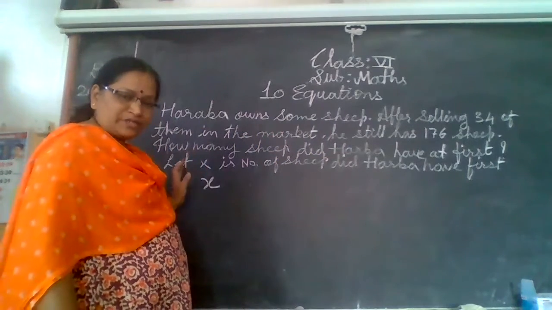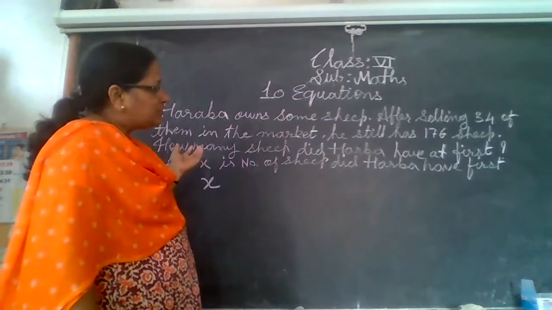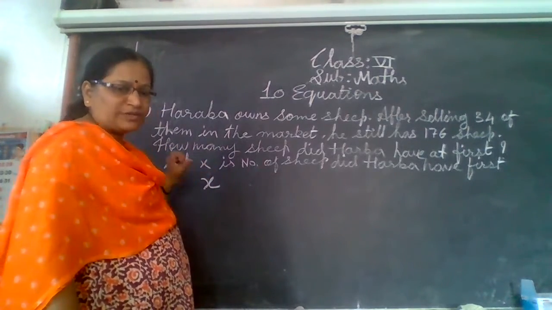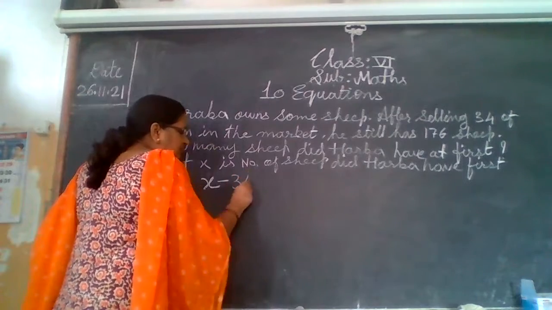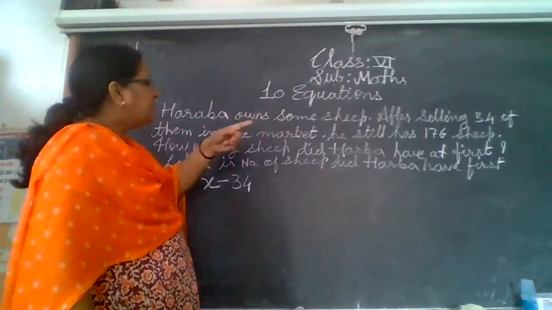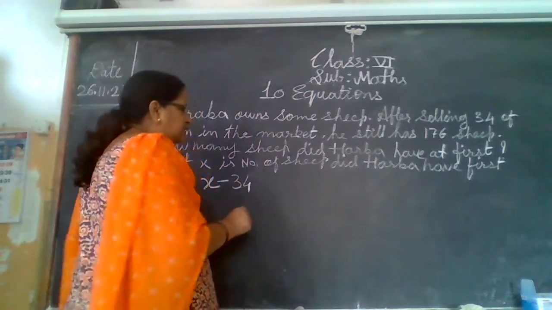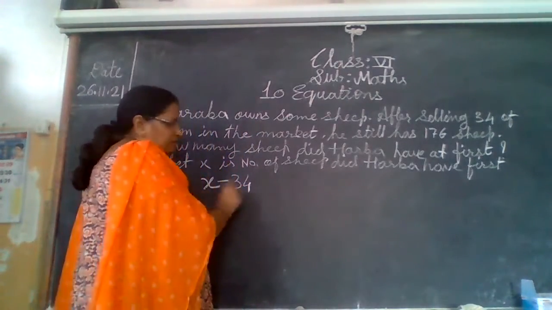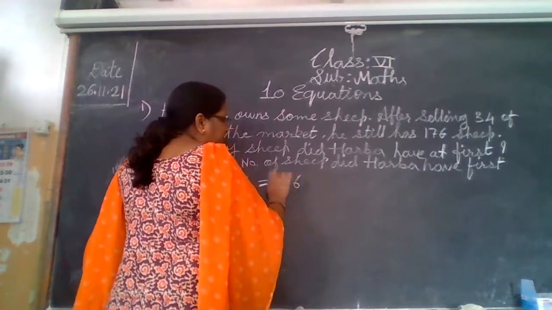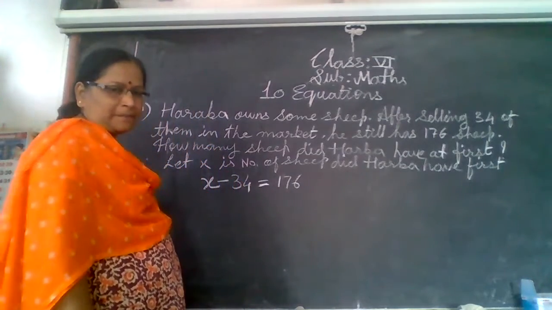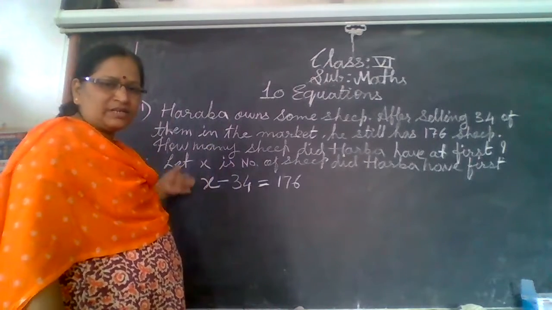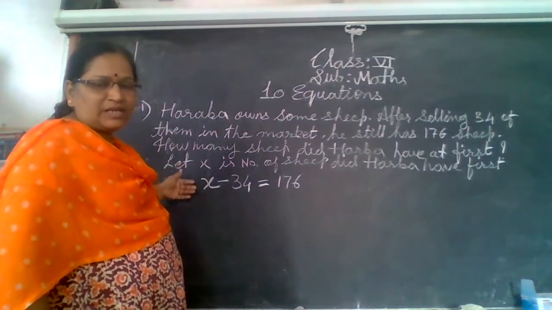After selling 34, meaning he sold these, we have to subtract it from the total number of sheep. So after selling 34 in the market, he still has, meaning now he has, we will put equality here. He had 176 sheep with him. We have to find the total number of sheep, that is the x. x is an unknown number. See children, it becomes a simple linear equation.